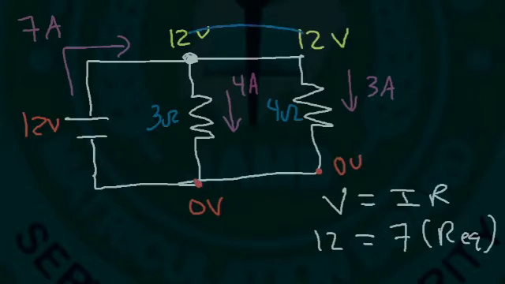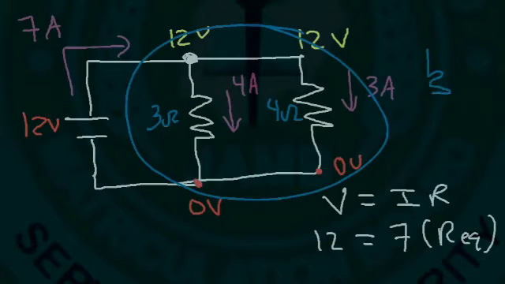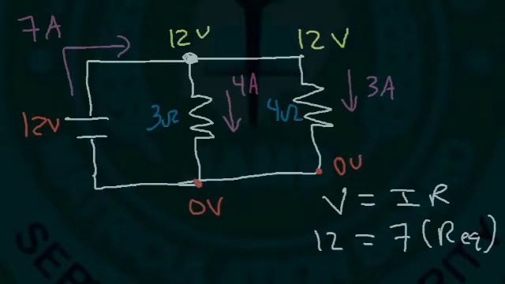So you can view this entire circuit as one single resistor, and the 7 amps flows through that single equivalent resistor. So that's why we can use V equals IR in that way. So the equivalent resistance is simply 12 divided by 7. It's 12 volts over 7 amps.